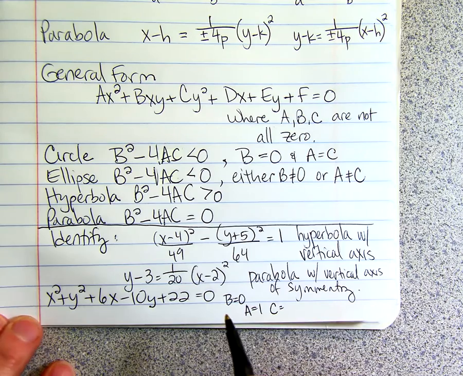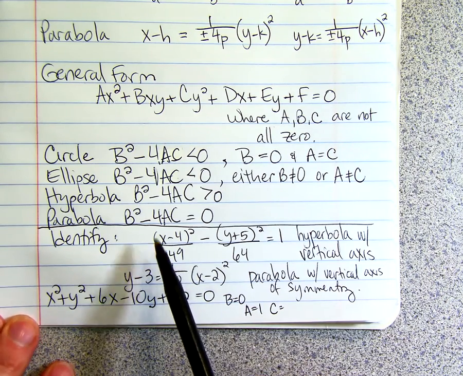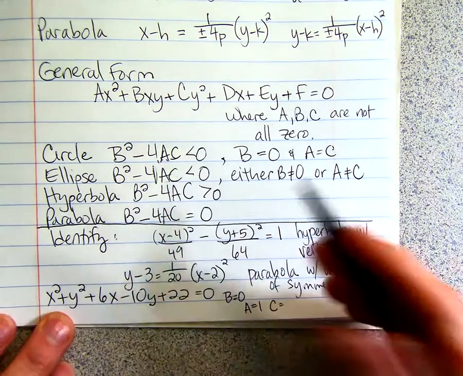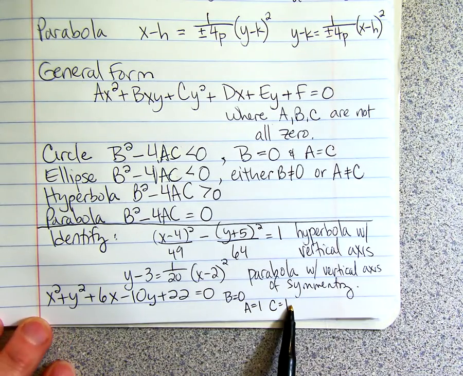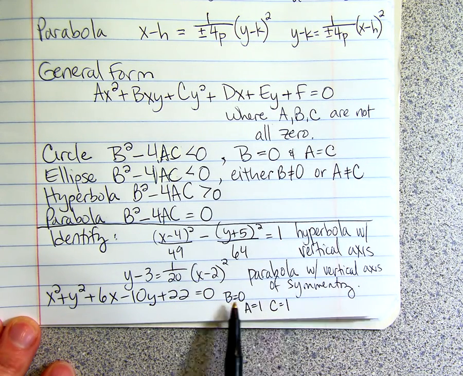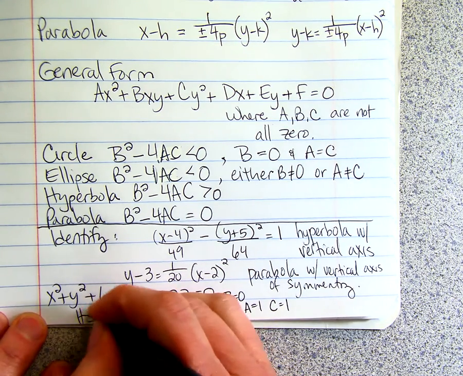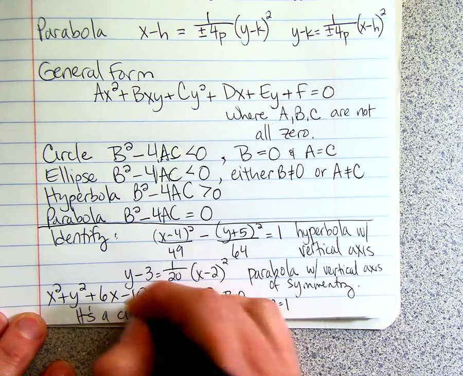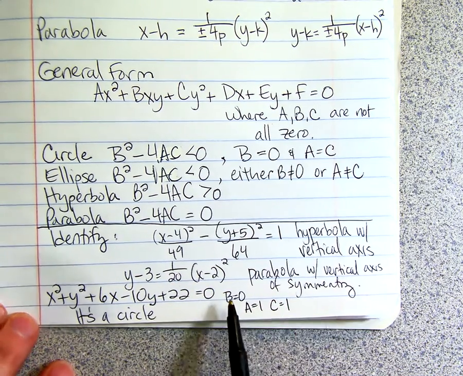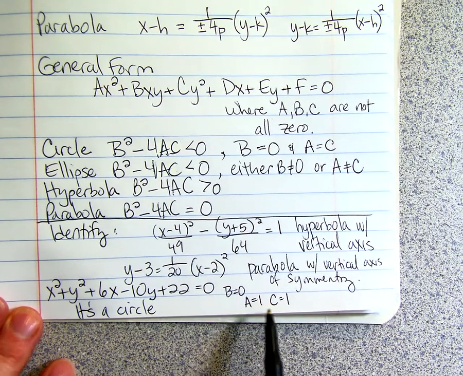And C is the coefficient of the y squared, which is 1. So A equals C, and B equals 0, so it must be a circle. I kind of want to do b squared minus 4ac though. So 0 minus 4 is negative 4, so it's less than 0.